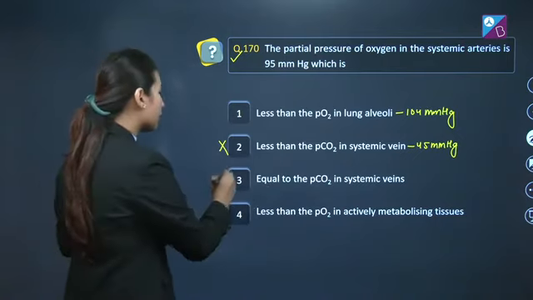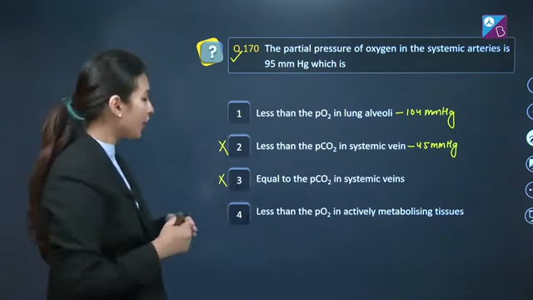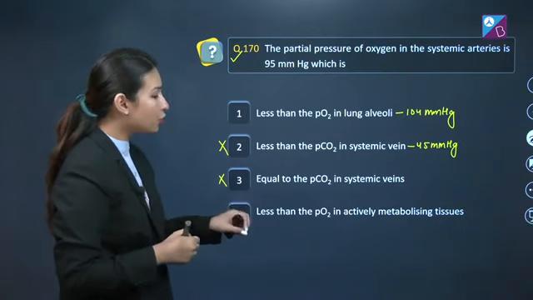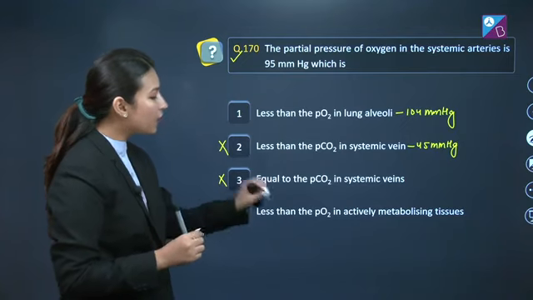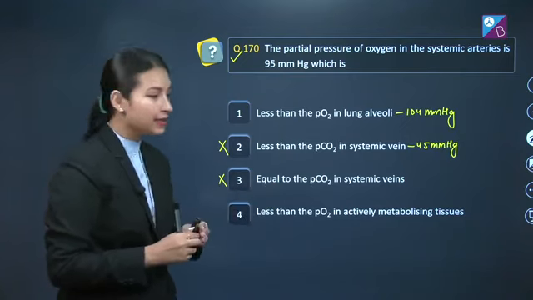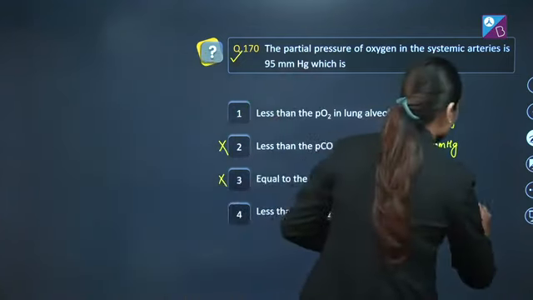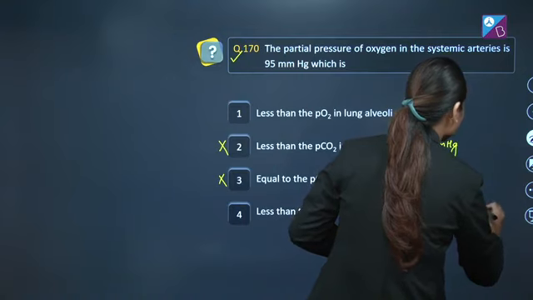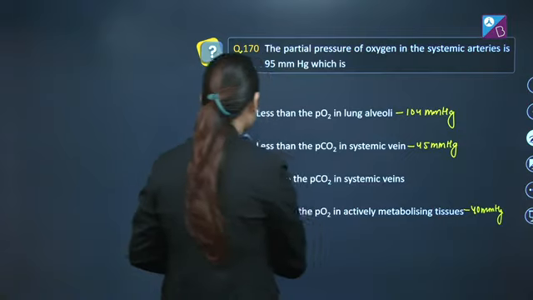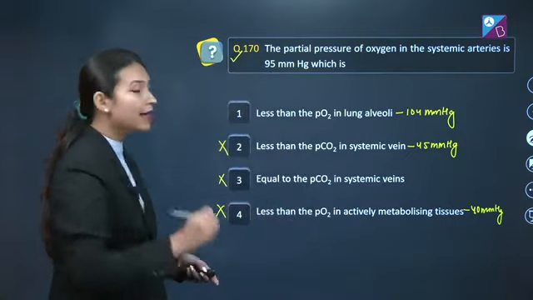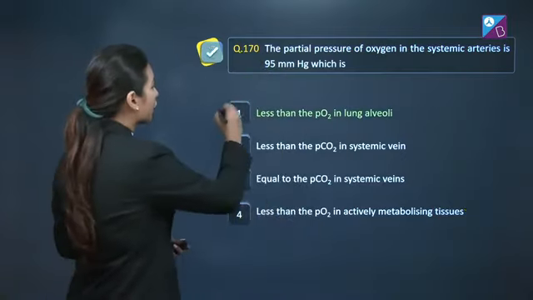This is absolutely wrong. Option number 4 here is less than the PO2 in actively metabolizing tissues. Now the value of PO2 in actively metabolizing tissues is approximately equals to 40 mmHg. So that's why option number 4 is also wrong, and our correct answer here is option number 1.